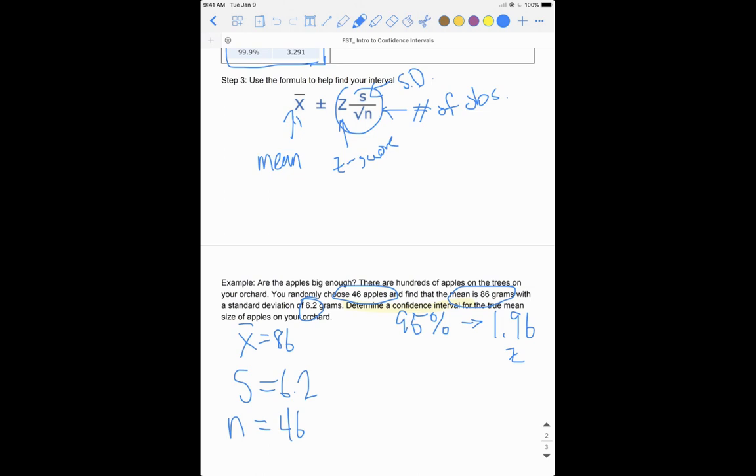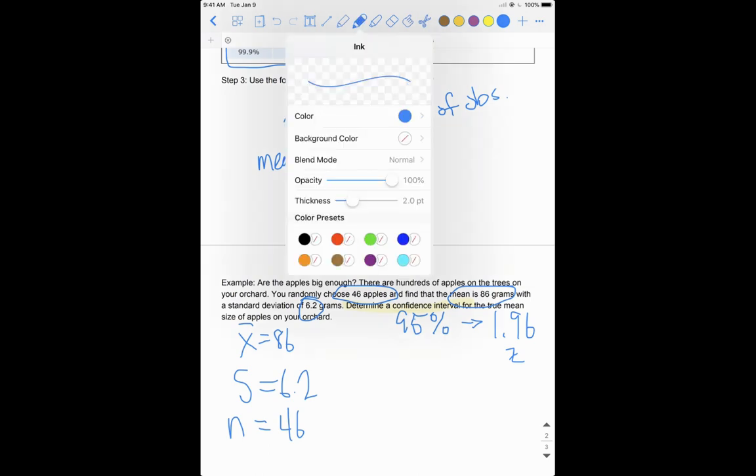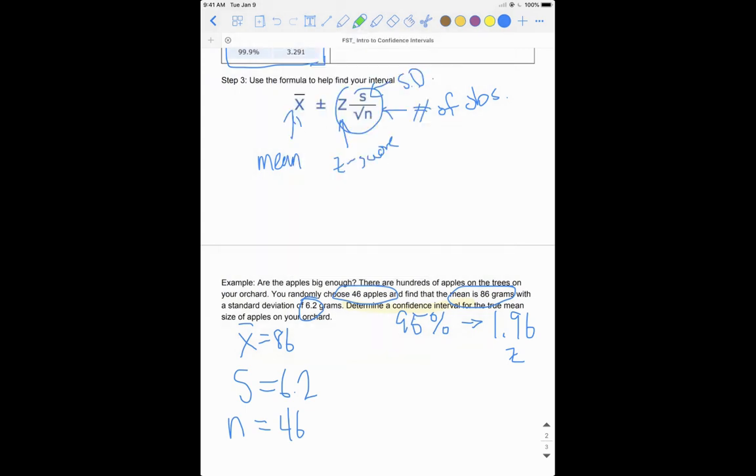Okay, so let's set this up. In order to set this up, we take 86 plus and minus our z, 1.96, times 6.2 divided by the square root of 46.